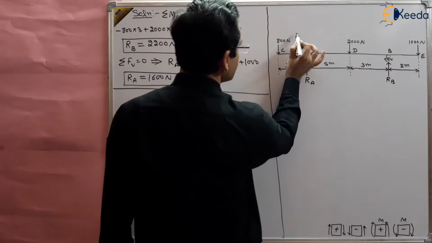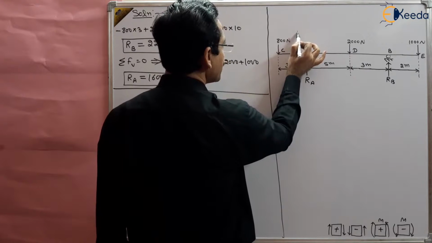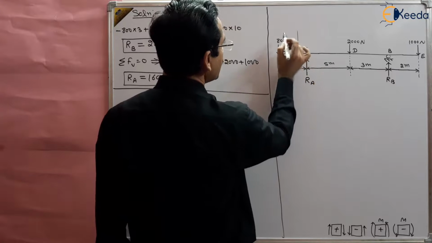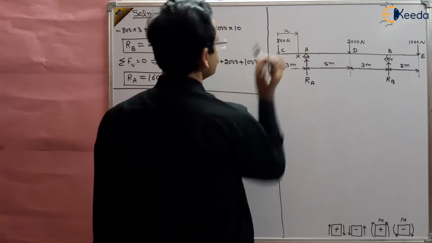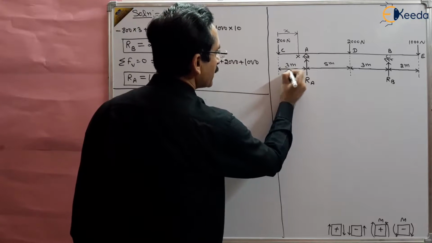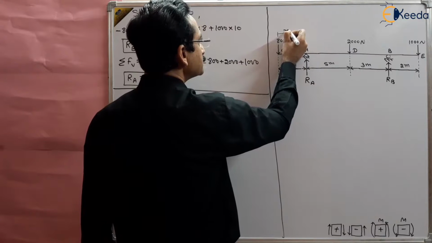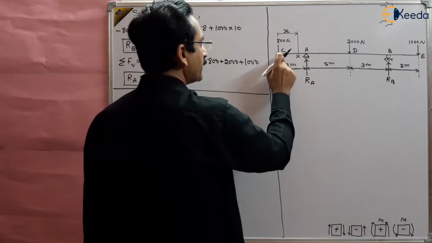So take one section from this extreme edge C. Suppose this is X, at a distance of X from C. This will be valid between C to A.